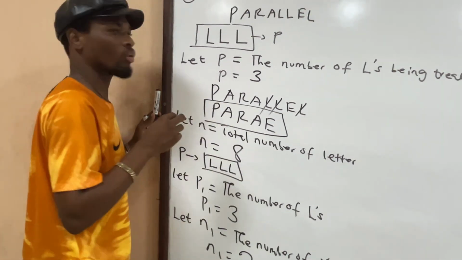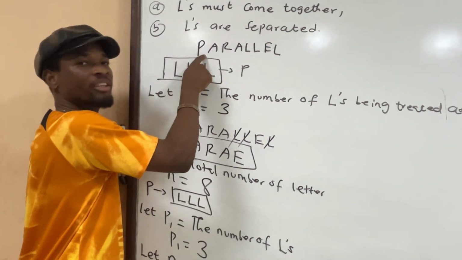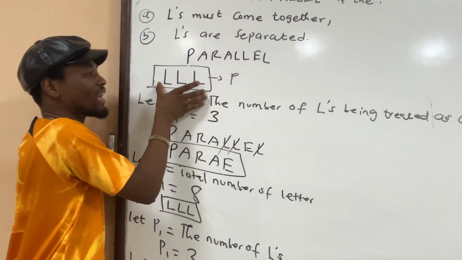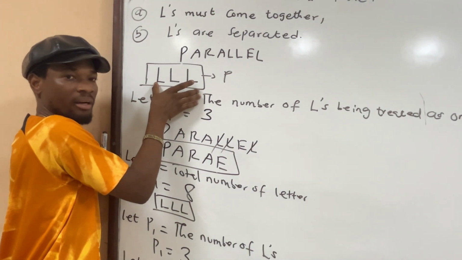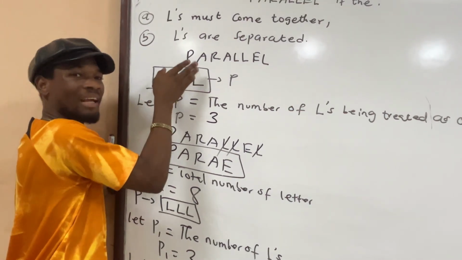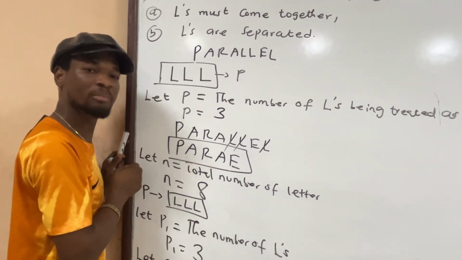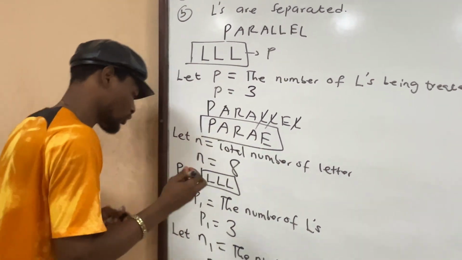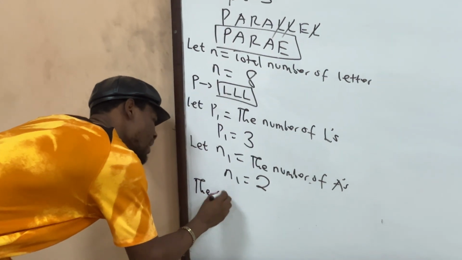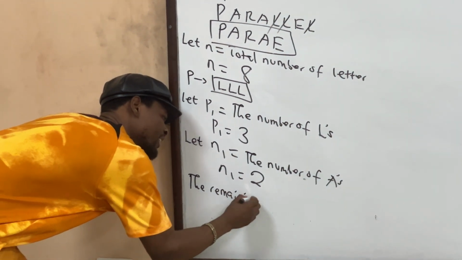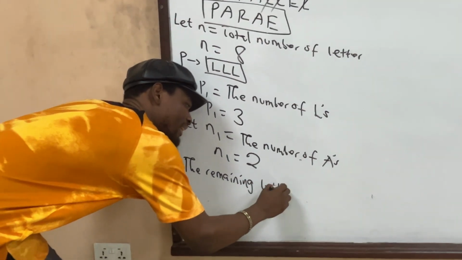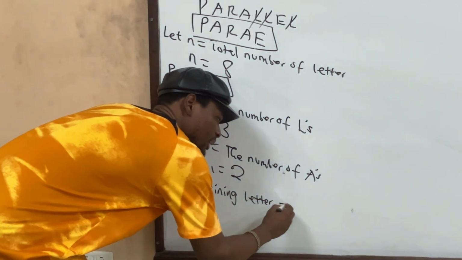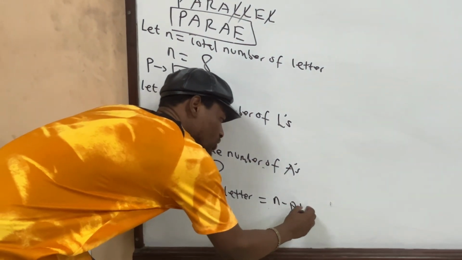Now viewers, what we did here was we had the original word parallel, and we took the L's from it because we want to consider the L's as 1. Now, the letters left is denoted by N minus P plus 1. If you are new here, visit my lecture videos to understand where it is coming from. So the remaining letters left is given by N minus P plus 1.